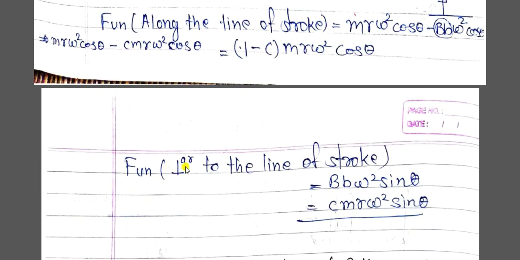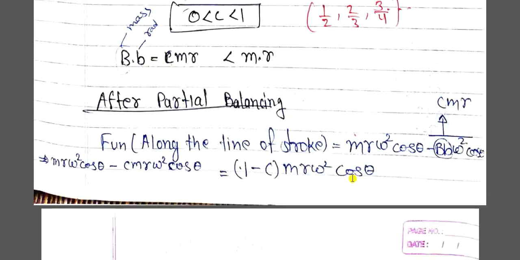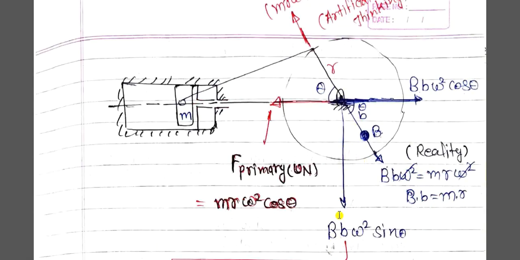And what about perpendicular to the line of stroke? Perpendicular to the line of stroke, we did not have any originally; this is created because of balancing. This has been created because we are trying to balance it in the horizontal direction.